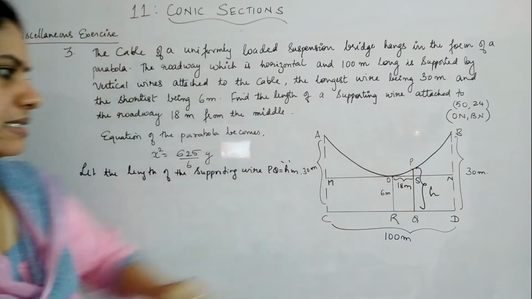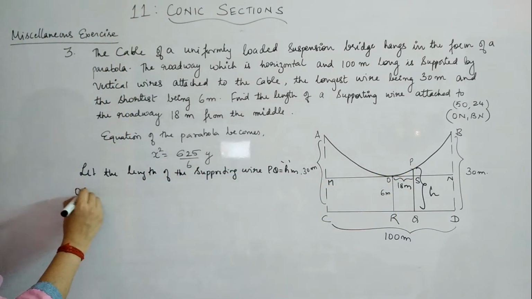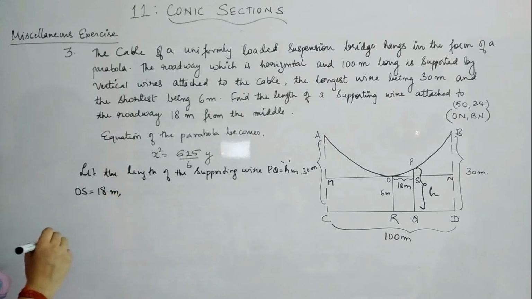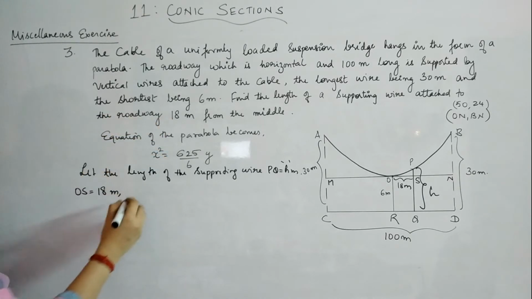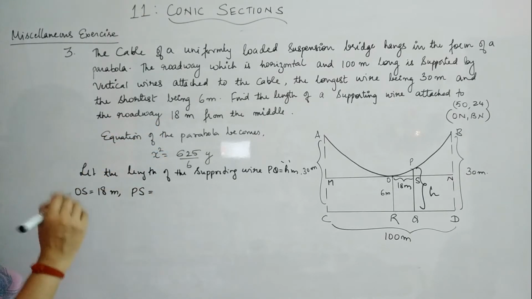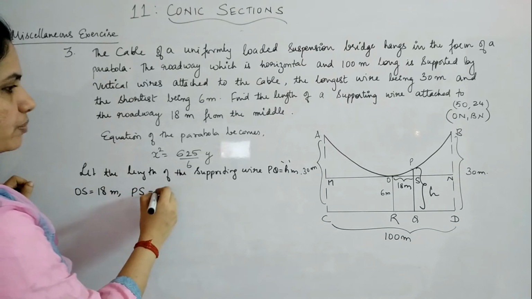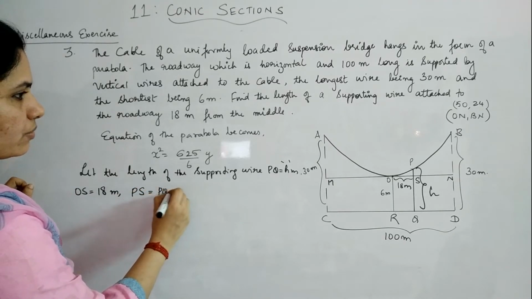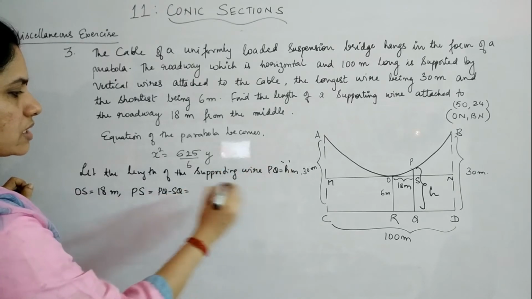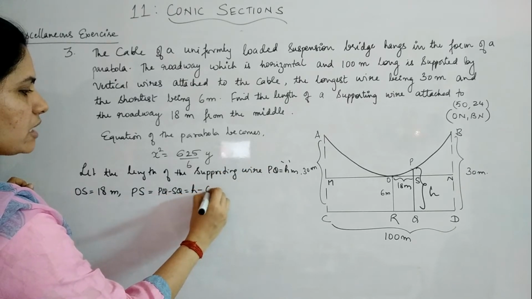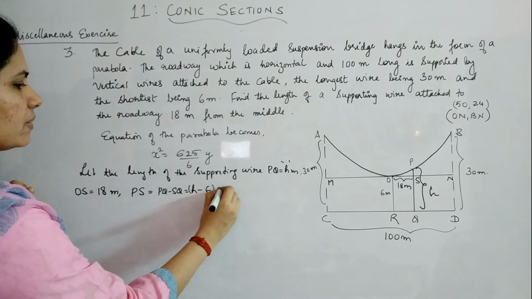What will be PS? You are getting OS as 18 meter, which is given in the question, and you have to find out PS in order to get the point P. So PS will be PQ minus SQ, that is PQ is taken as H, so H minus 6 meters will be PS.